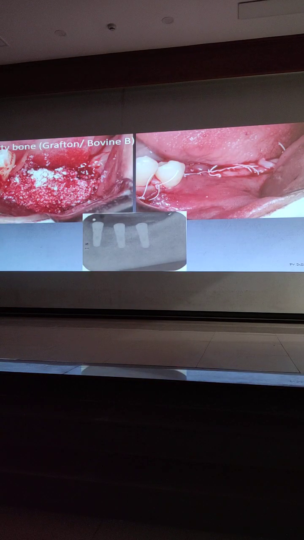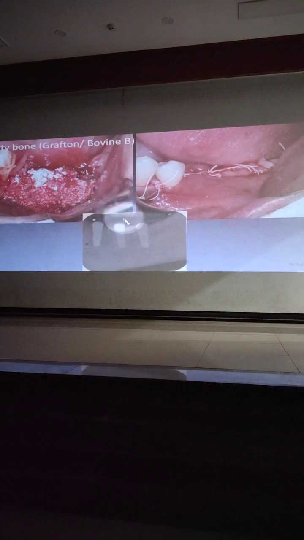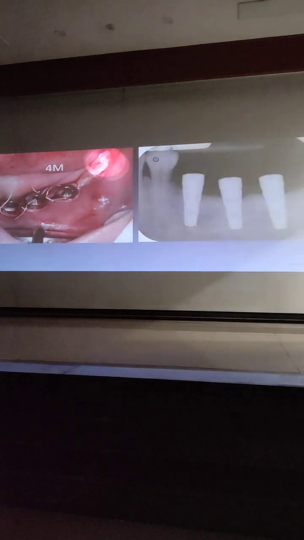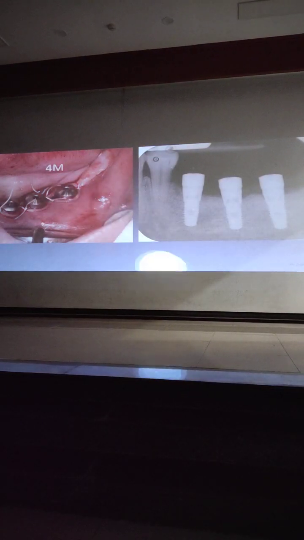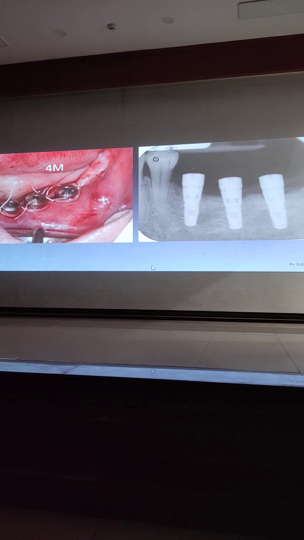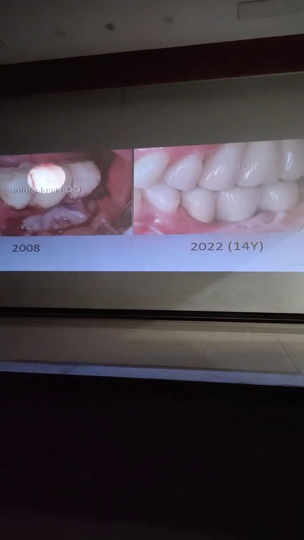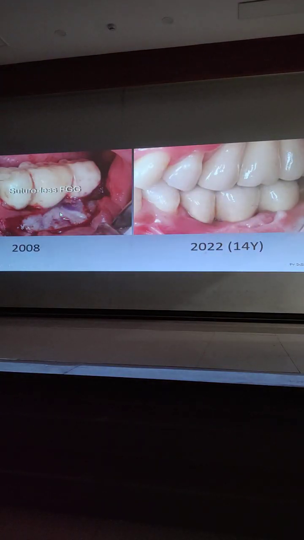And sticky bone was placed, and a CGF membrane was placed over the bone. After only 4 months of healing, the implants were exposed, and temporary restoration was delayed, and suturing was done.